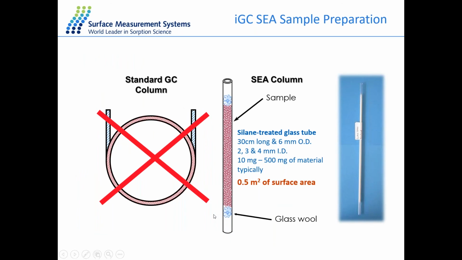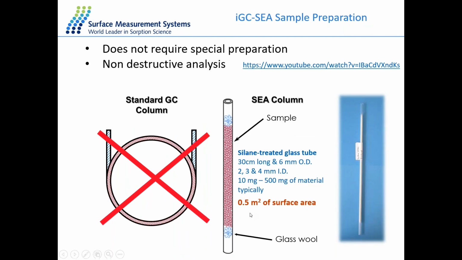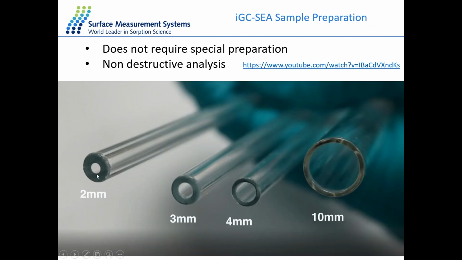To prepare a sample column, how we would pack your sample of interest is a lot simpler than the standard GC way of packing a column. We have silicized glass columns of different sizes: 2, 3, 4, and 10 millimeter columns.